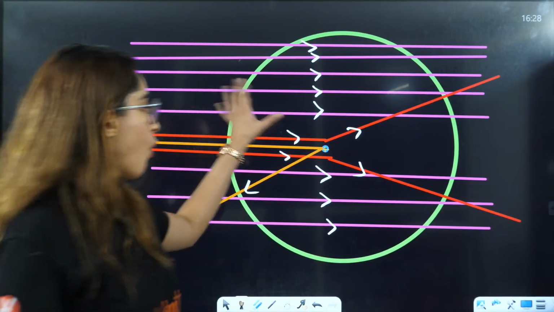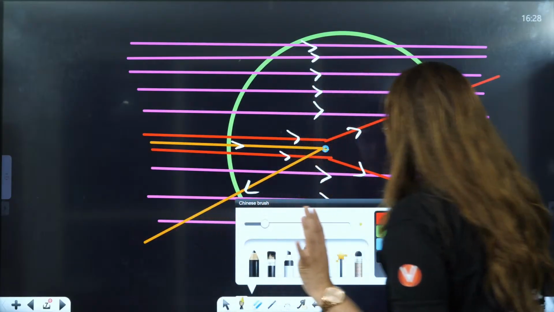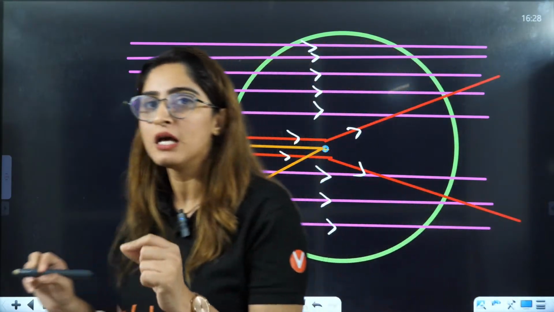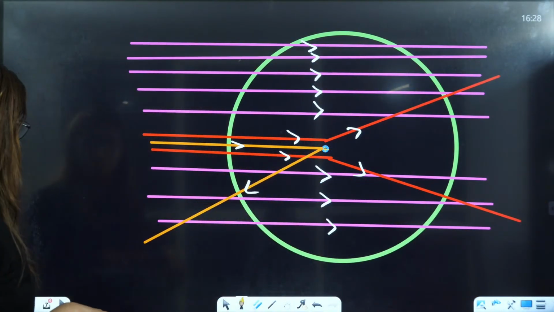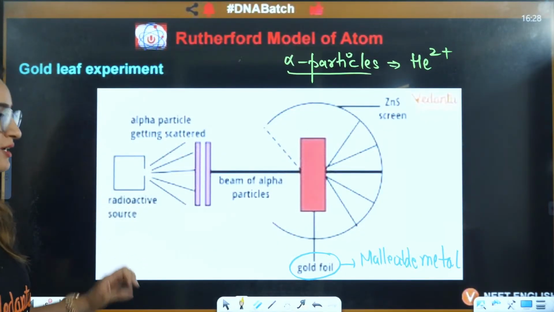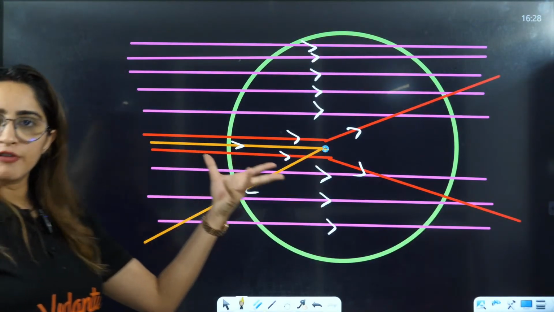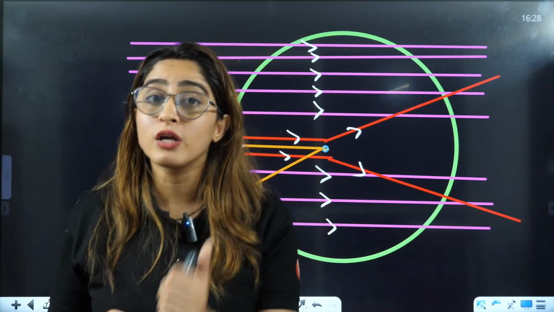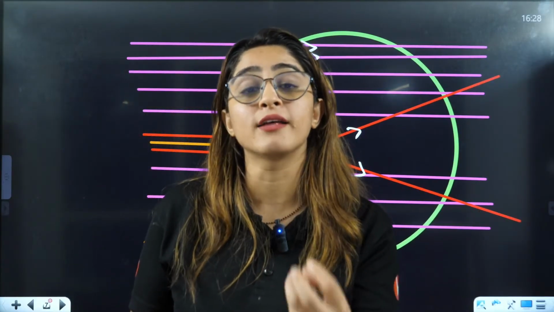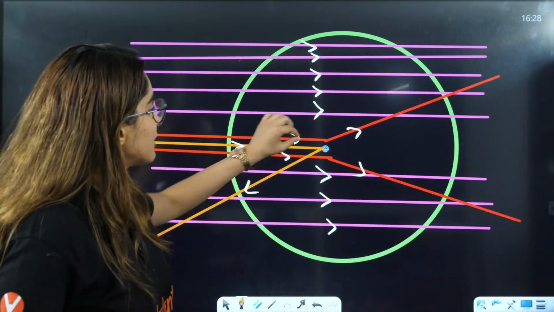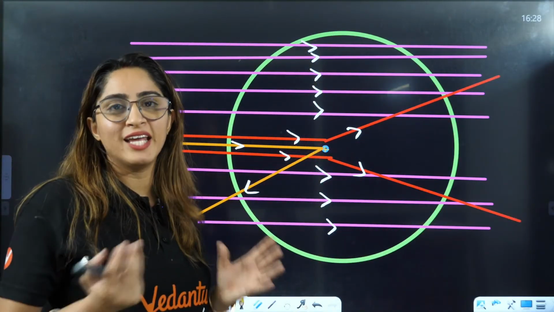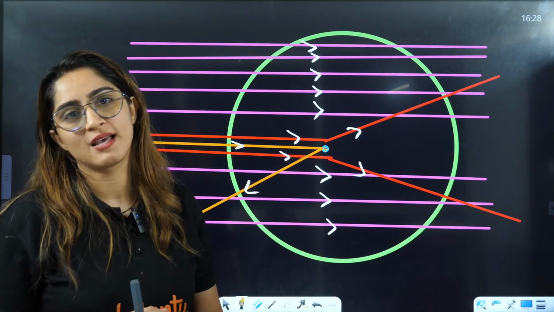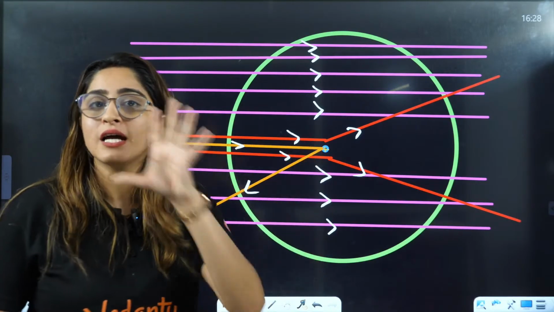So that was the whole thing about the Rutherford model. Now, if someone asks you who discovered the nucleus: before the Rutherford model, we only knew there are protons and electrons. Rutherford discovered a new term, that is the nucleus. He said that the protons are sitting in a room called the nucleus, in the center of the atom.